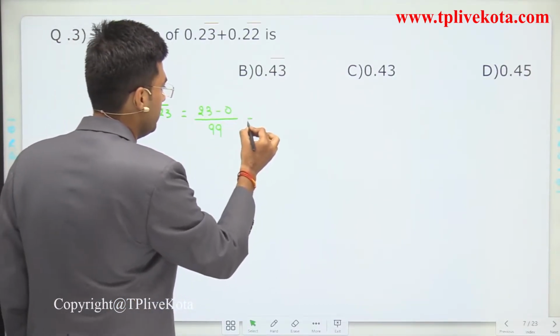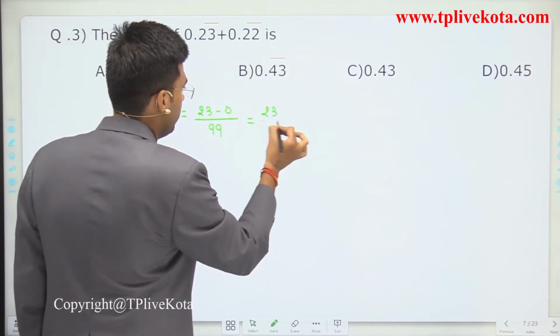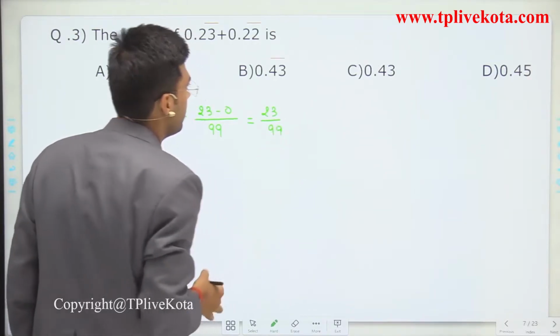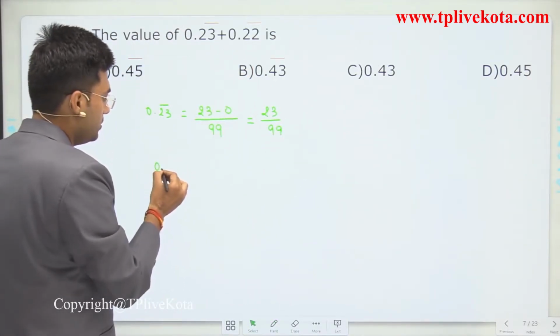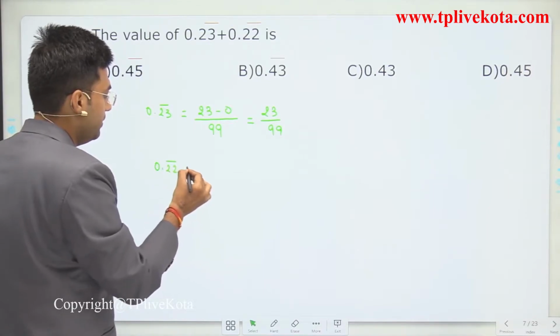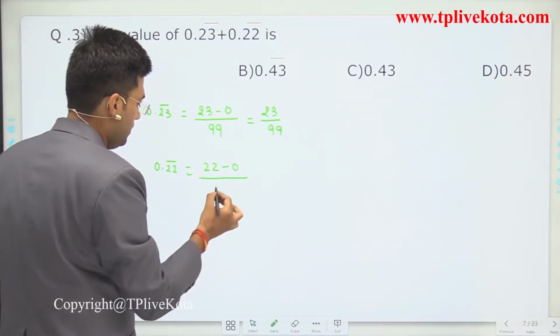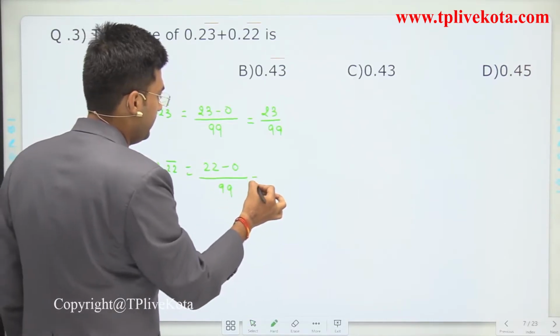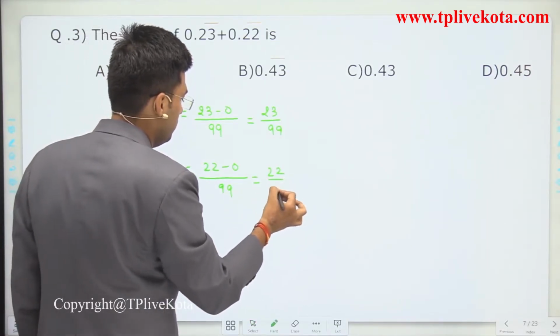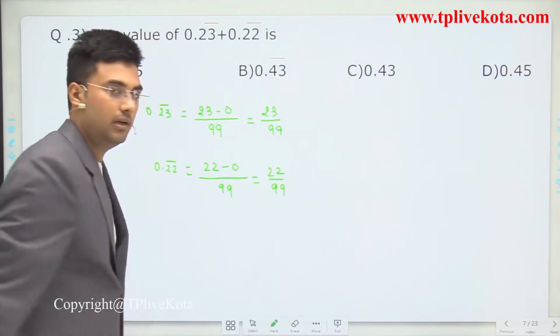So we can write it as (23 minus 0) divided by 99, so it is equal to 23 divided by 99. And if we solve 0.22 bar, we can write it as 22 divided by 99. Clear?